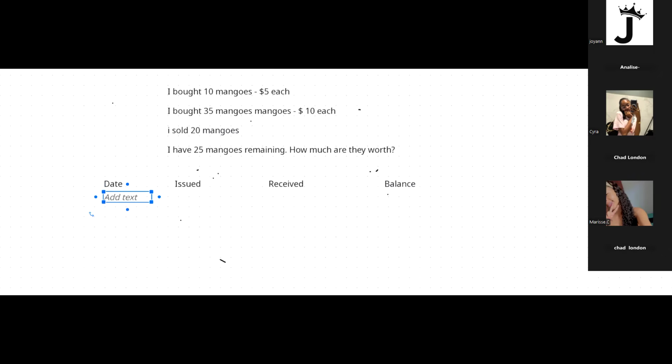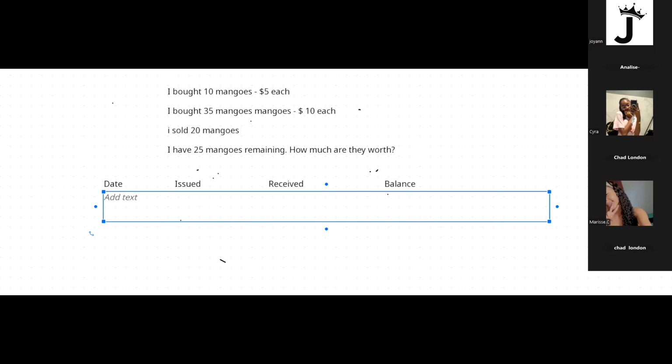In the first transaction, I bought 10 mangoes for $5 each, so my balance is 10 mangoes for $5 each, which will be a value of $50, because 10 by 5 is 50. So far, so good?